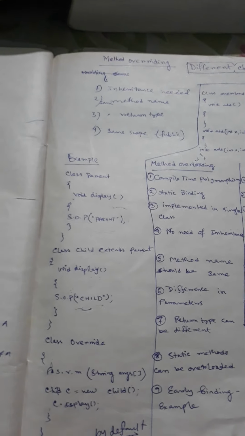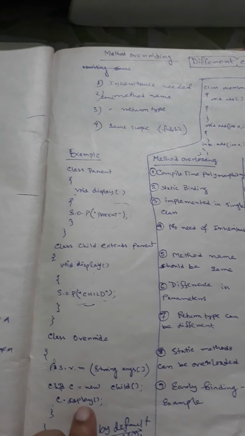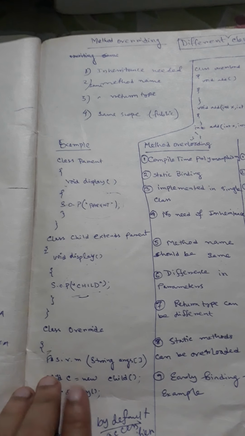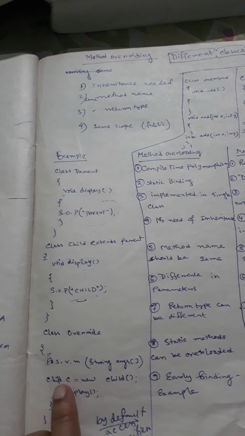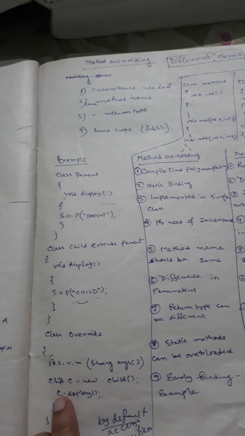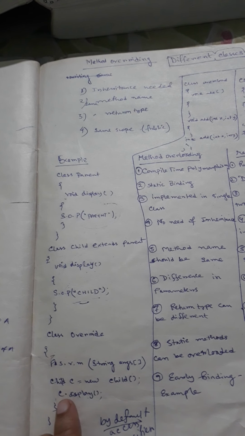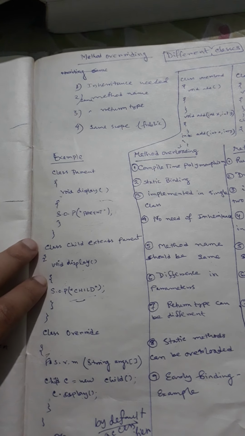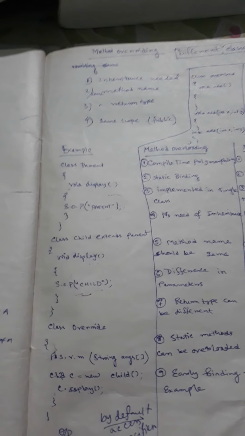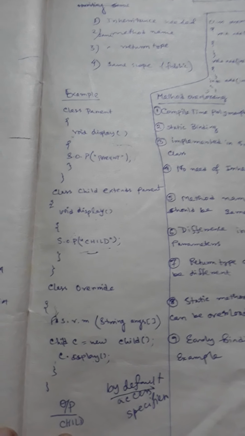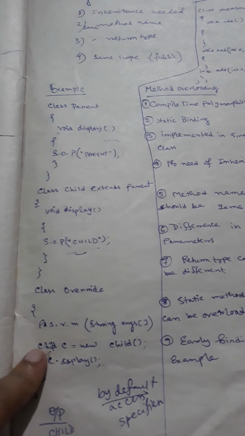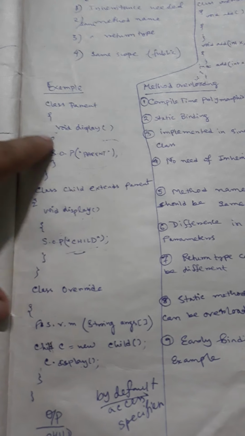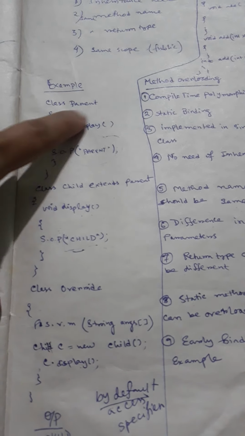I want to show how this overriding happens. Here the child class object is C. Using the object of the child class, the display method will be called and the output would be child. Why? Because the child class overrides the method body definition of the parent class.